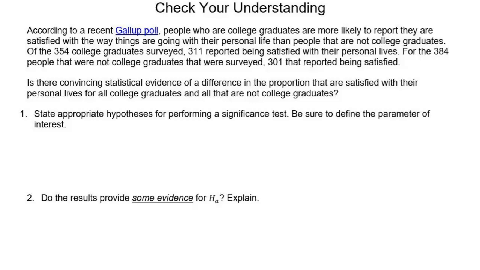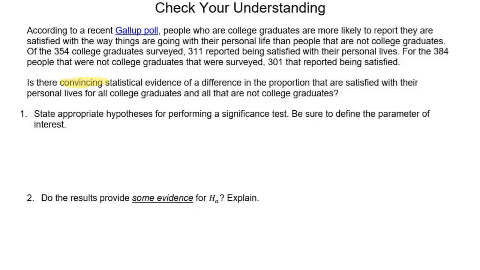Of the 354 college graduates surveyed, 311 reported being satisfied with their personal lives. For the 384 people that were not college graduates that were surveyed, 301 reported being satisfied. Is there convincing statistical evidence for a difference in the proportion that are satisfied with their personal lives for all college graduates and all that are not college graduates? All right, let's talk about our hypotheses and defining that parameter of interest.